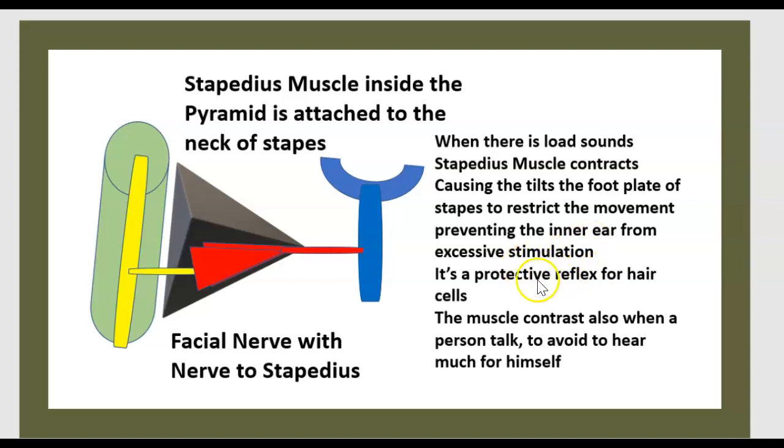It's a protective reflex for hair cells. The muscle also contracts when a person talks, to avoid hearing too much of himself. When there is Bell's palsy, the stapedius reflex is lost.